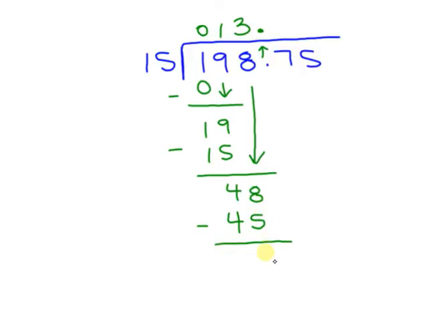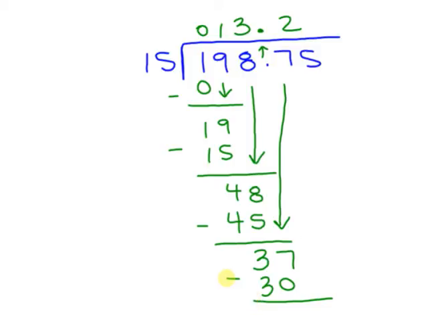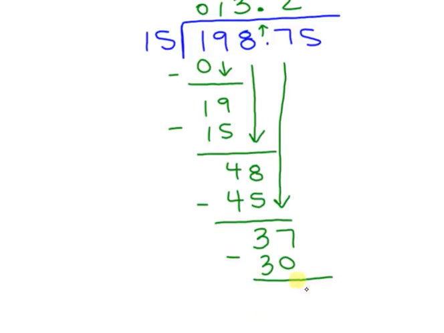Subtract. 48 minus 45 is 3. Bring down the 7. 15 goes into 37 2 times. 2 times 15 is 30. Subtract. 37 minus 30 is 7. Bring down the 5.